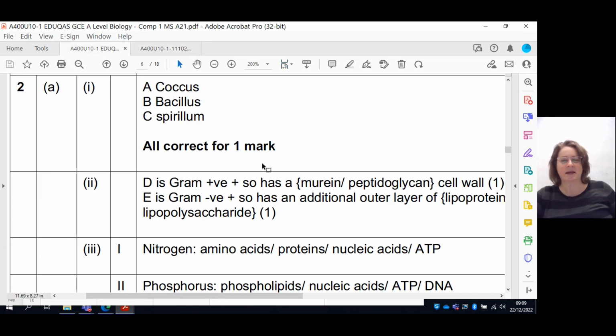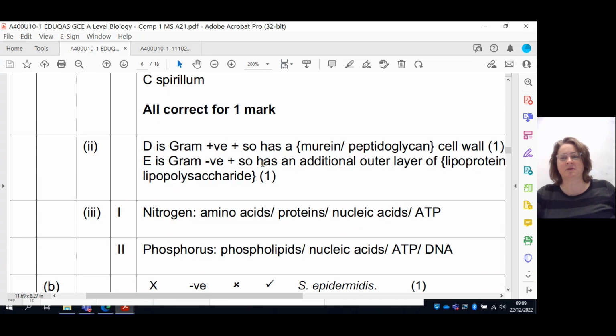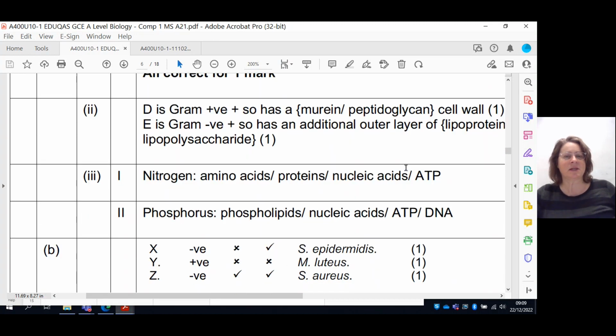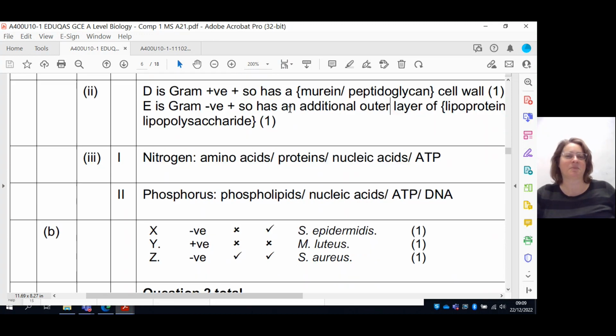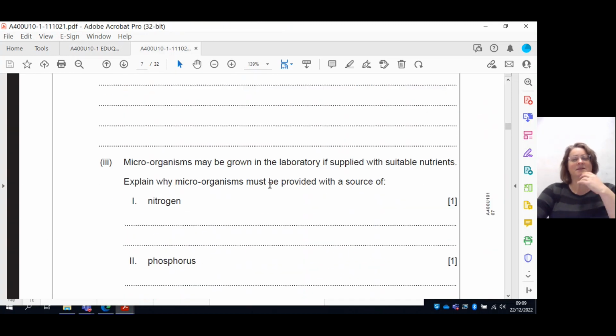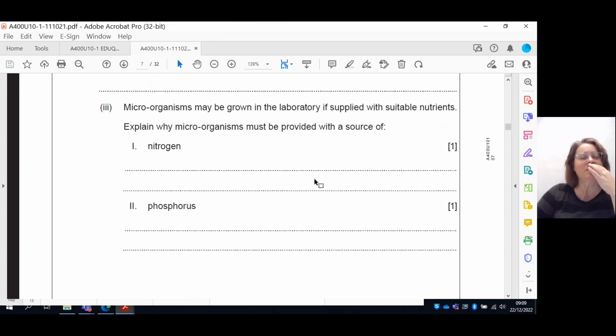I know that I said lipid layer when teaching a lot and compared it to an extra cell membrane, but you do need the official wording here with the lipopolysaccharide or lipoprotein layer as an additional layer above the thin peptidoglycan layer. Here in the mark scheme, you do not actually have to mention the thin peptidoglycan layer. And even for the positive, it lets you get away by not having to state there's an additional layer above that.